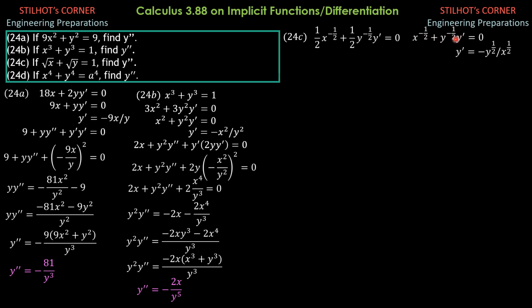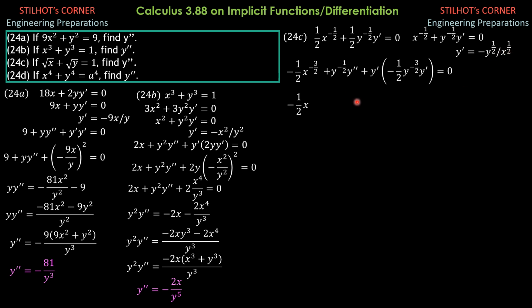So we differentiate this further, and we have negative 1/2 x to the negative 3/2 plus y to the negative 1/2 times y double prime plus y prime times negative 1/2 y to the negative 3/2 y prime equals 0. So take note that y prime is negative y to the 1/2 over x to the 1/2.